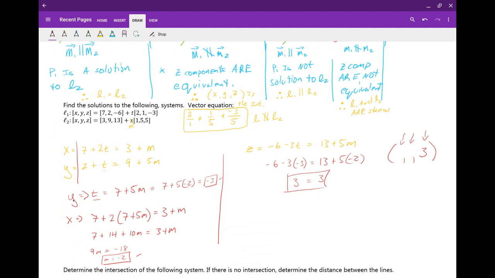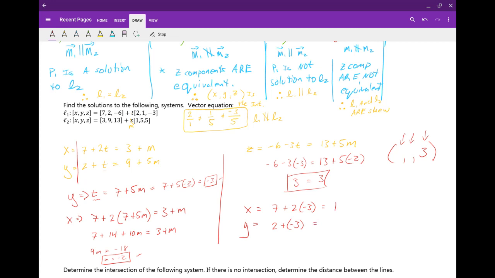But now I have to figure out the y components and the x component, right? So in order to get the x component and the y component, what I'm going to do is I'm just going to take the 7 plus 2t and the 2 plus t, and I'm just going to write that down. So 7 plus 2t, but remember that t in this example happens to be negative 3. And I'm going to get 2 plus t, or 2 plus a negative 3. And as it turns out, my y is 1.